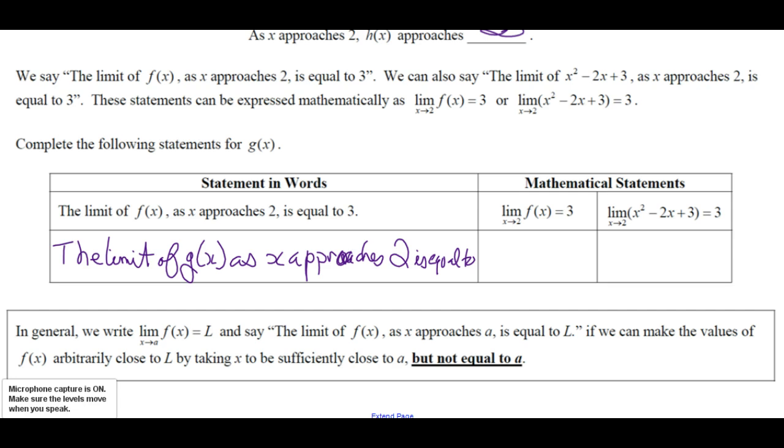That's the value we saw on the table. Or the limit as x approaches 2 of g of x equals 1.